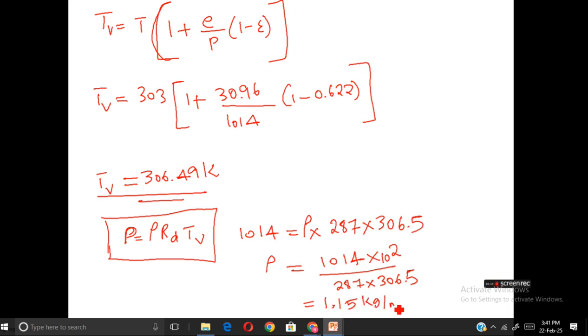kilogram per meter cube. The value of pressure is in hectopascal, so you have to always convert it into pascal. Earlier we didn't convert it because we were taking a ratio of vapor pressure and the actual pressure, so since both are in hectopascal, it cancels out.